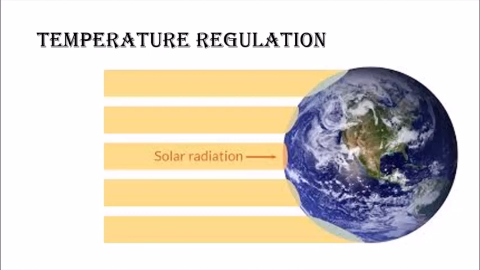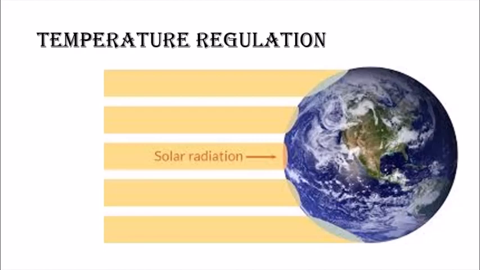Now on the earth there is air, and in the air there are various constituents like water vapor, carbon dioxide, and many other things. What these things do is they absorb the heat and they even pass that heat to the other particles which are present in the air.